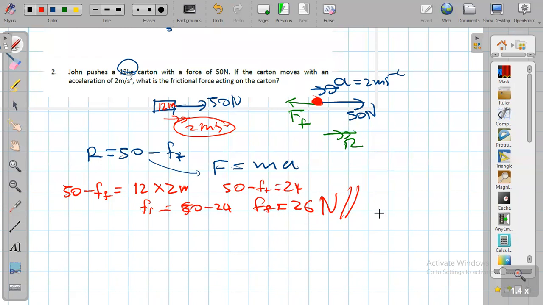Copy this answers. Is there anybody who can't understand why I got the frictional force as 26? If yes, let me know.